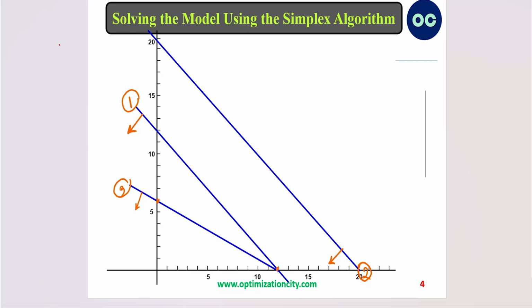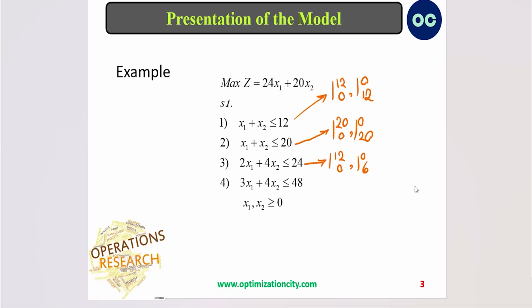Constraint number 4. Plot the line using these 2 points, 16, 0 and 0, 12.